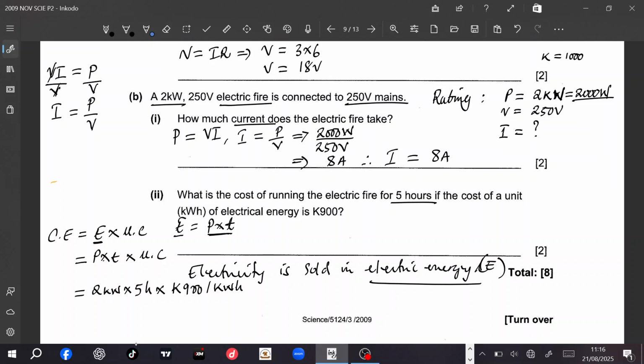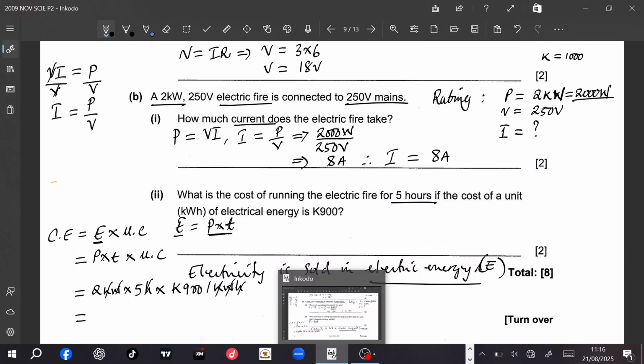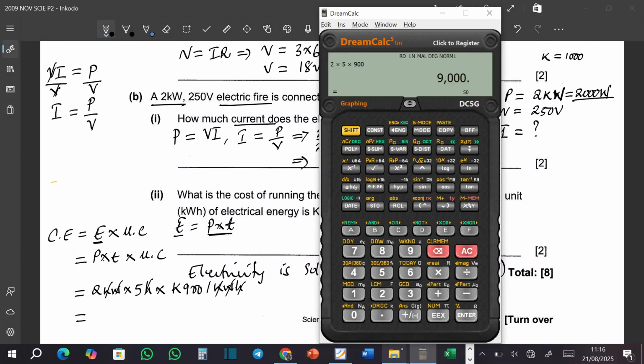So you can see that this kilo and this can cancel, this watt and this watt can cancel, and this hour and this hour can cancel. Now you just do the multiplication of 2 times 5 times 900.